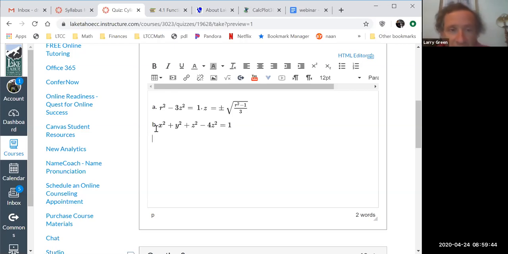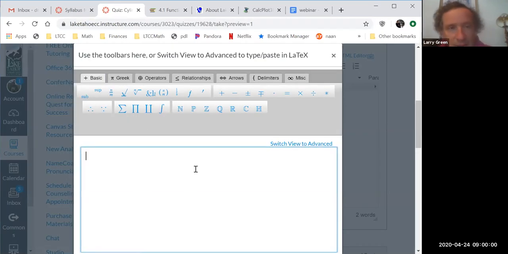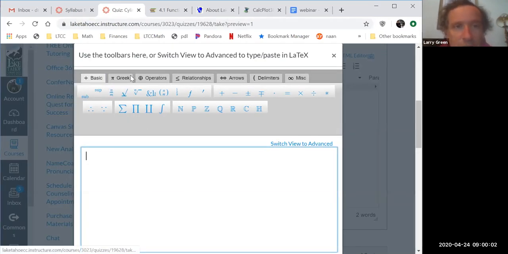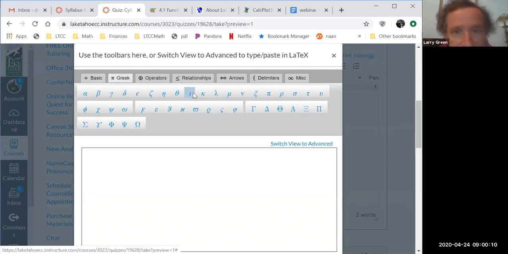Okay, so now I can take that x squared plus y squared plus z squared and make that rho squared. And then you've got to remember that z needs to be turned into spherical coordinates also. What is z? Yeah, z is rho cosine of phi. So let's pop in some letters here.